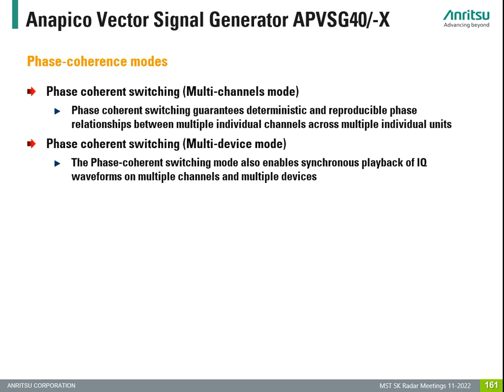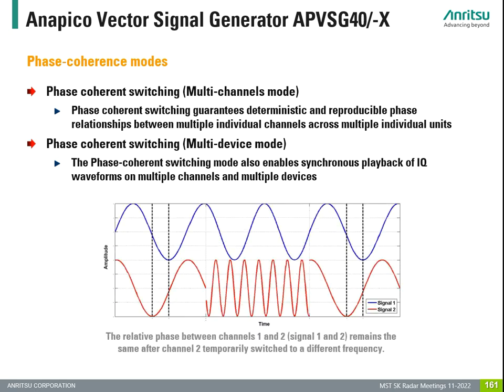Phase coherent switching in multi-device mode also enables synchronous playback of IQ waveforms on multiple channels and multiple devices. Here we see a real example. The relative phase between channel 1 and channel 2 remains the same after channel 2 temporarily switched to a different frequency.